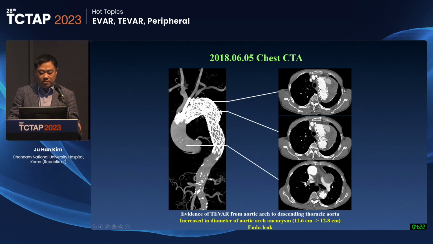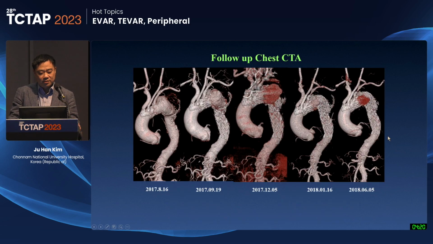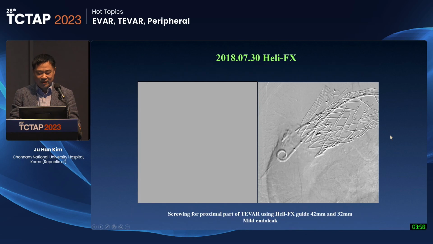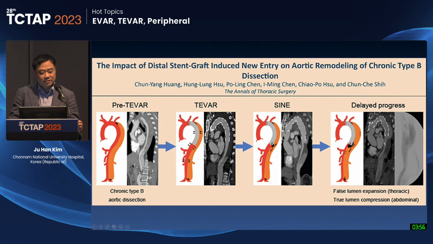And 6 months after, the endoleak had increased. So first was the TEVAR procedure with debranching and plug, and the endoleak was treated with a redo TEVAR with the chimney technique, and then as the endoleak increased, we used the Helix EndoAnchor procedure, with good results.